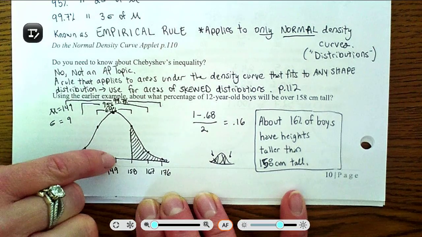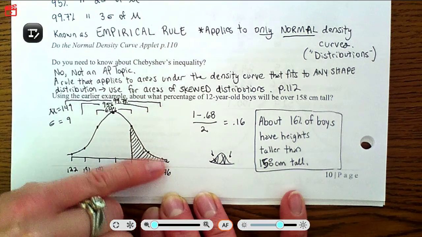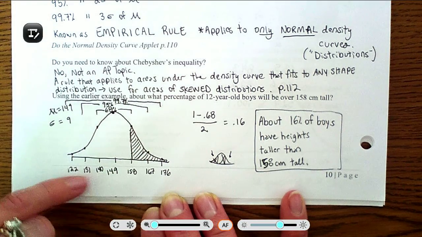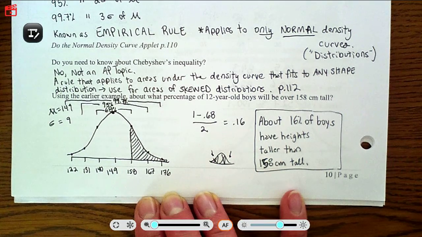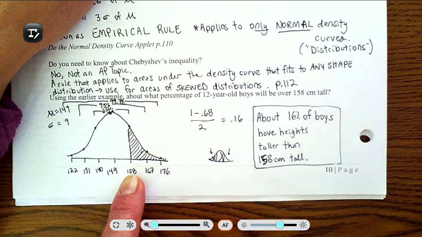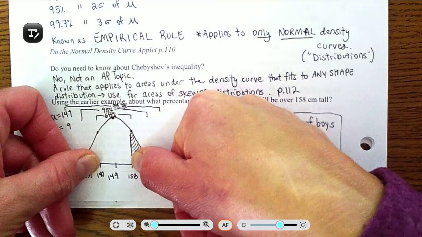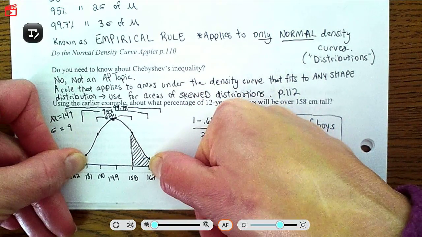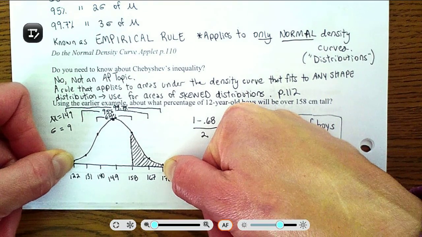If I had a measurement on the x-axis that I was curious about, an area that it cut off, and it was exactly on 1 or 2 or 3 standard deviations from the mean, like 158 centimeters, then we can use the empirical rule that says that 68% of data is within 1 standard deviation, 95% of data is within 2 standard deviations, and 99.7% of data is within 3 standard deviations.